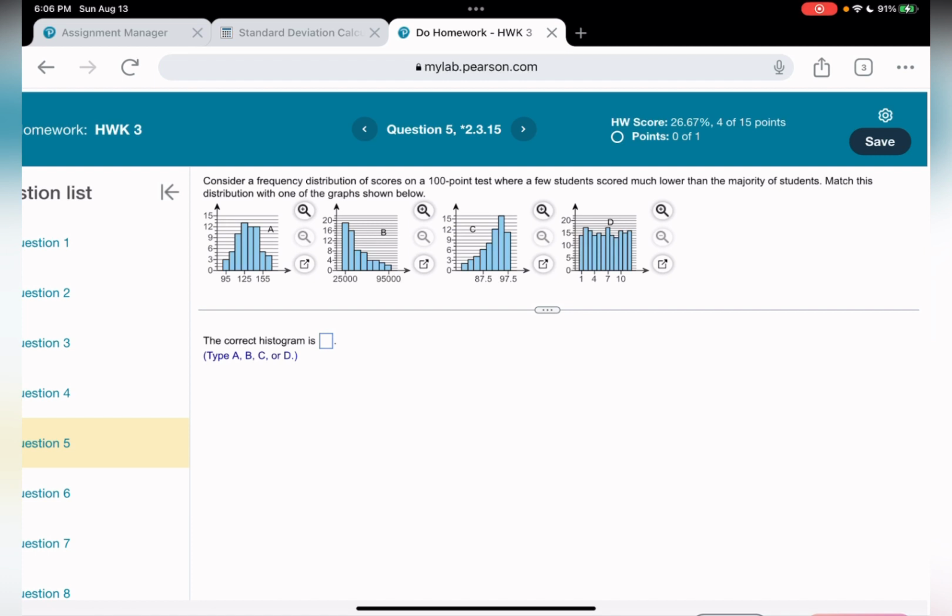Few students. So which one is it going to be? They scored much lower. Much lower, meaning the histogram is going to be skewed to the left, right? If it would say a few students scored much higher, then it's going to be skewed to the right, correct? So which one do we have skewed to the left? C, correct? Skewed to the smaller number.